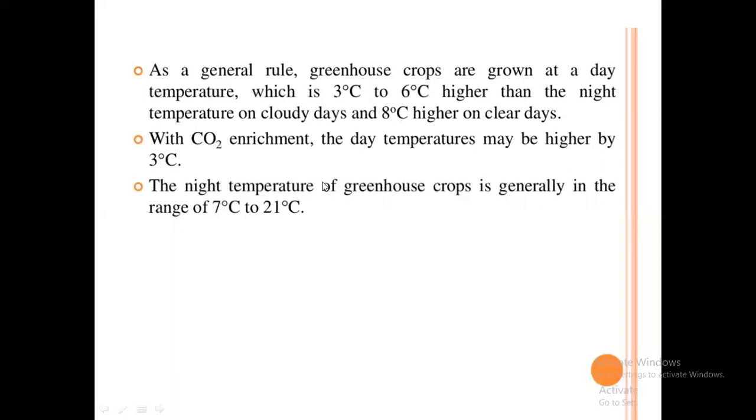This line means that during the daytime, as compared to the open field, the temperature within the greenhouse structure is about 3 degrees Celsius higher than the open field temperature because of the higher CO2 concentration within the structure, right?